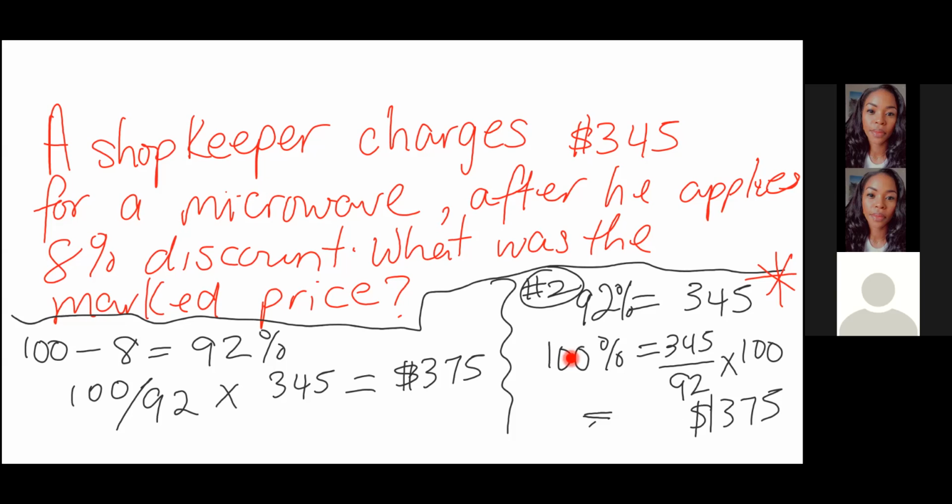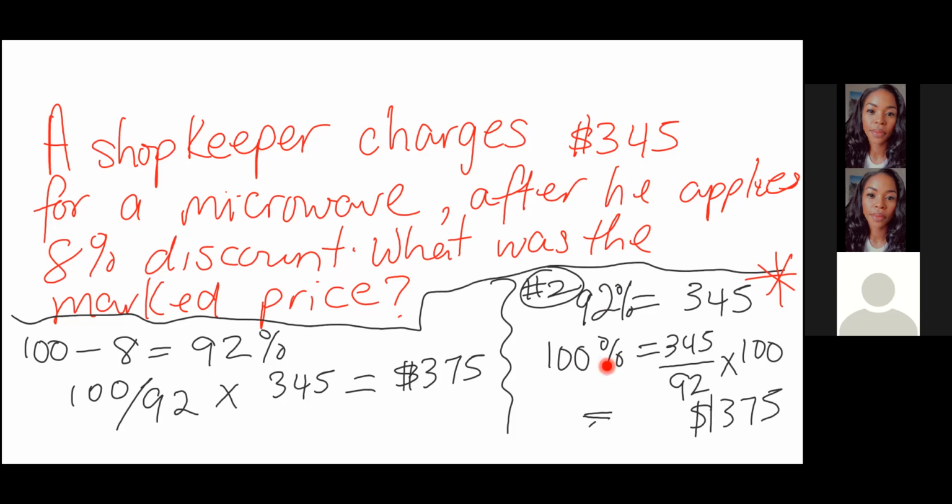Now to find 100%, you go back to this very important equation here. You have to put percentage equal to money, right? Because it's a percentage you're looking for down here. These two things must correlate. You can put 345 and 92% on this side and then come and put a percentage down on this side.